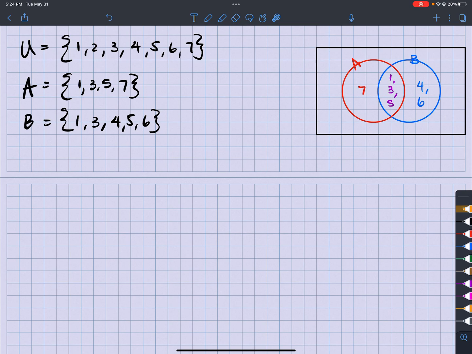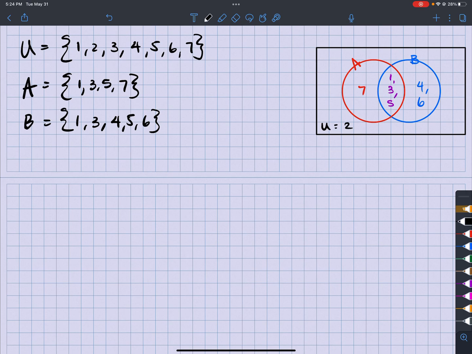Okay? So that's good. So what is in the universal set that's not in A nor B? 1 is already there, 2 is not. 3 is already there, 4, 5, 6, and 7 are already there. So just literally 2. 2 is the only thing that is left over. All right?